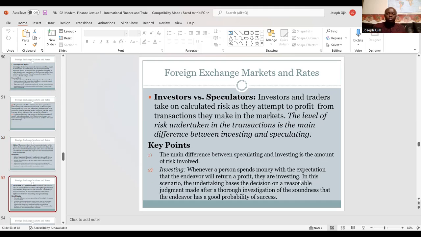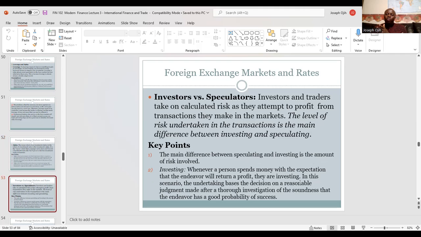Now we round up the discussion with what we call investors and speculators. What is the difference? Well, the main difference is this: investors and traders take calculated risk as they attempt to profit from the transactions they make in the market. So an investor might say, okay, I want to buy Walmart stock.